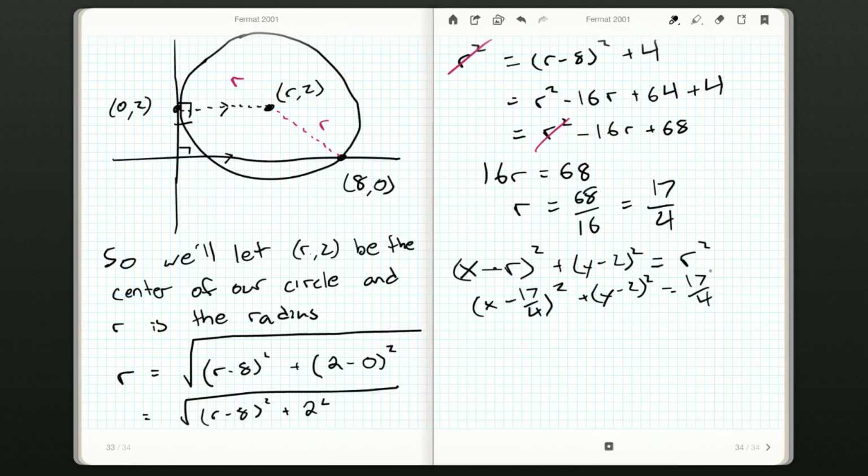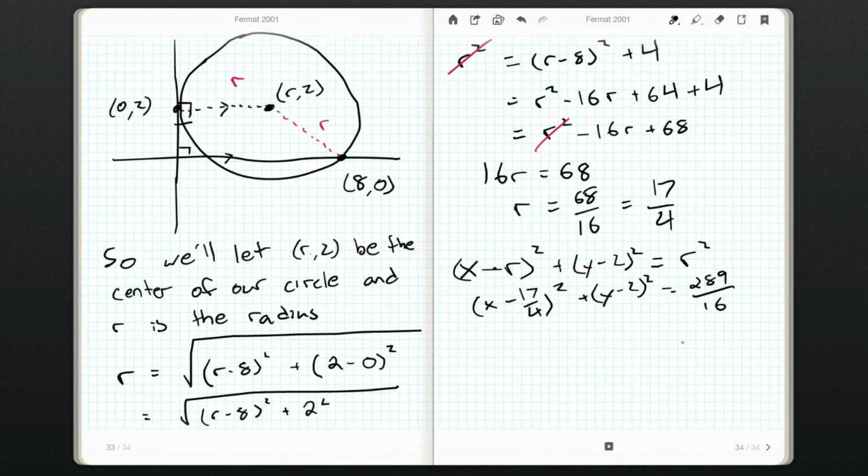So that's 289 over 16. Okay. So I'll just double check, is 0, 2 on this? Well, yeah, if I plug in 0 here, I'll get 17 over 4, which I square. And if I plug in 2, I will get 2 minus 2 is 0, so 0 squared. 17 over 4 squared is equal to 17 over 4 squared, so that one's fine.